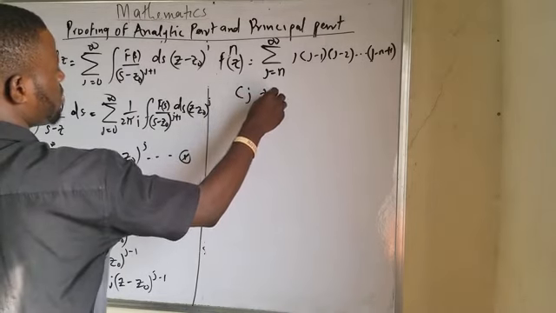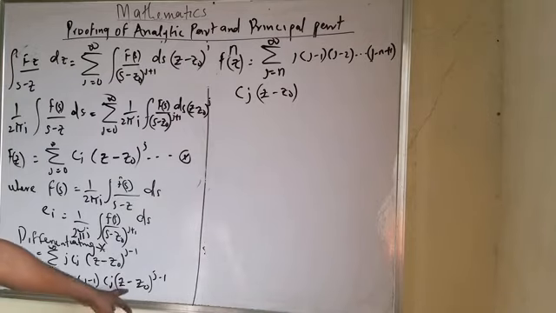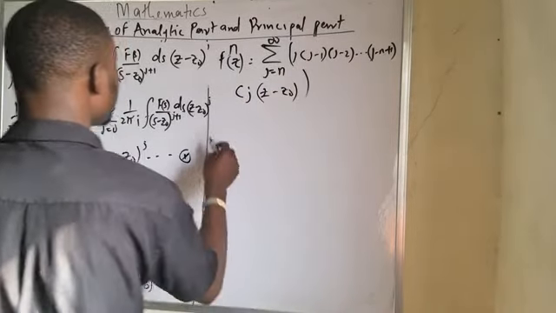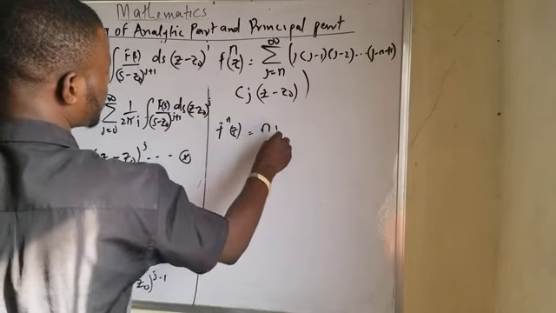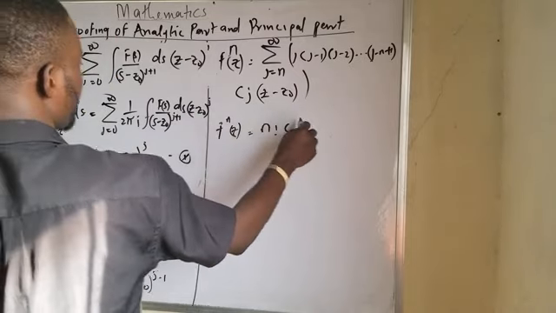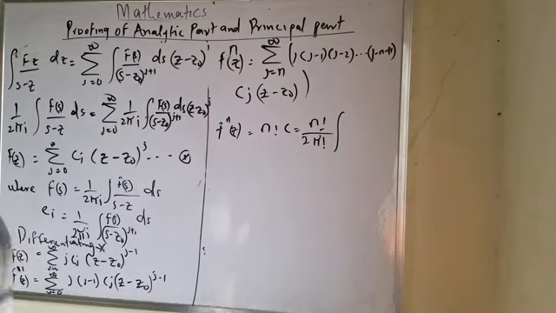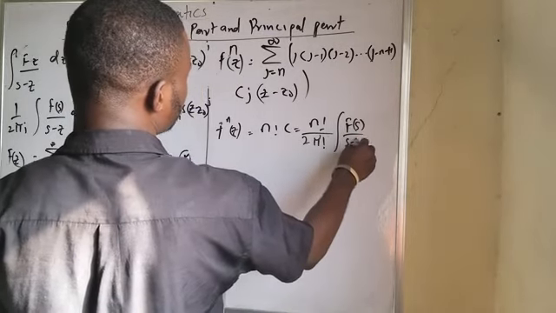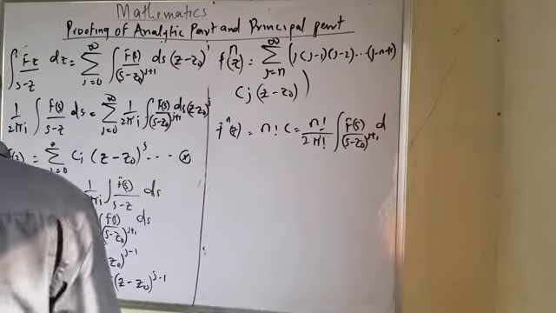Please take note of that. Now it means if I'm having my f^(n)(z), it will be equal to n factorial divided by 2 pi i, integral of f of x over (z minus z naught)^(j plus 1) dx.